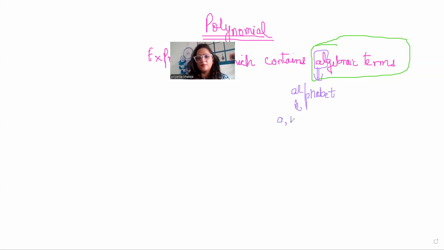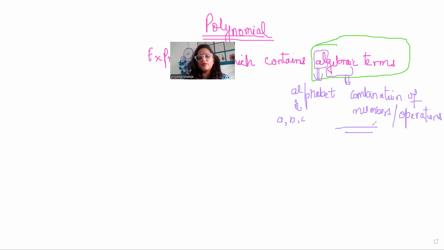Like A, B, C. And whenever we are writing down an algebraic term, it means there is a combination of numbers, or you could say operations.